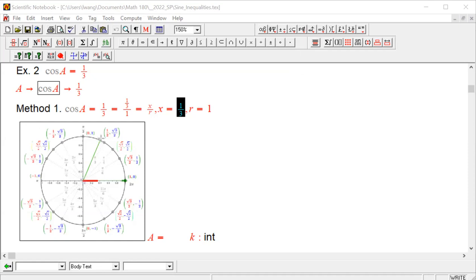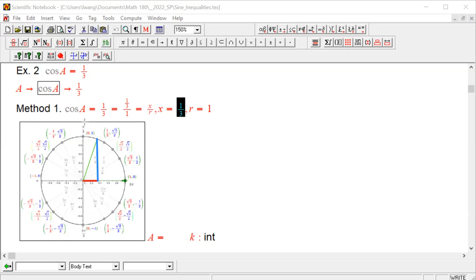So we know there's going to be a blue side, and the blue has to be vertical. Do we need to find what the blue is? We certainly can by the Pythagorean theorem, but we don't need the blue. We just know the red is 1/3.